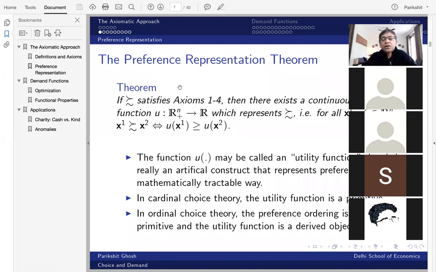Now, what is the consequence of making these assumptions? It has a very interesting consequence and a very useful consequence, actually. Here's the preference representation theorem.